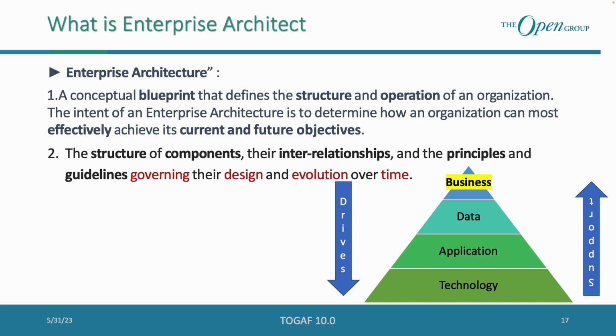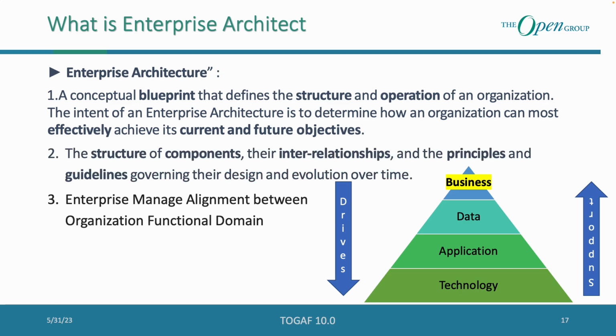By providing a holistic view, enterprise architecture guides decision making and strategic planning to optimize the organization's capability and resources. At its core, enterprise architecture focuses on the structure of components within the organization, their interrelation, and the principles and guidelines that govern their design and evolution over time. It establishes a framework for aligning the different functional domains of the organization and ensuring coherence and harmony among them.